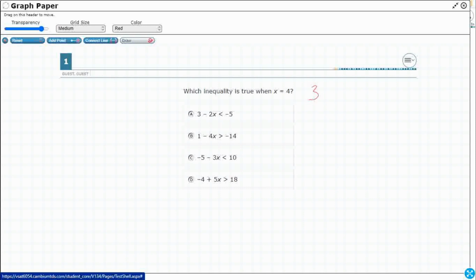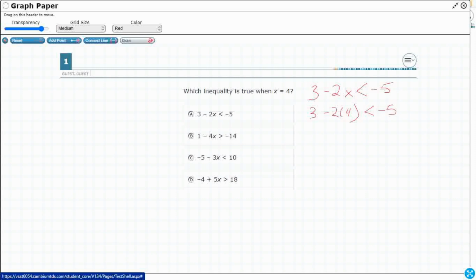So 3 minus 2x is less than negative 5. So I'm going to substitute in that 4. So 3 minus 2 parentheses 4. That means we're going to multiply there. And then we're going to see how we can isolate that variable, get it on its own.